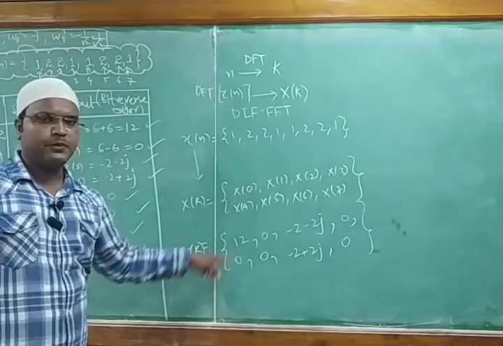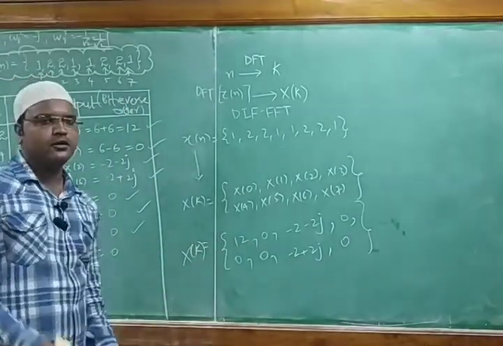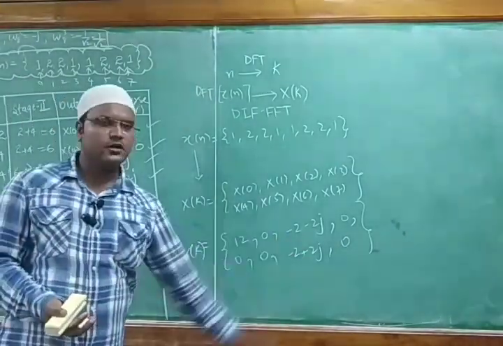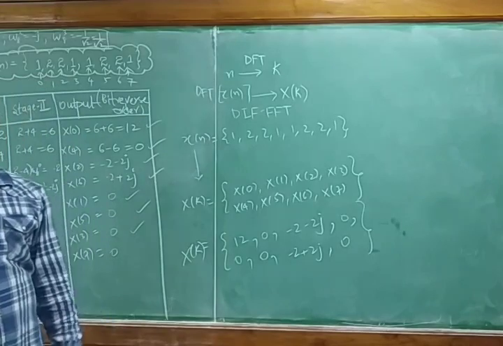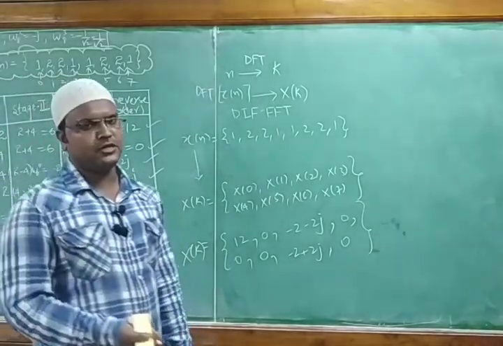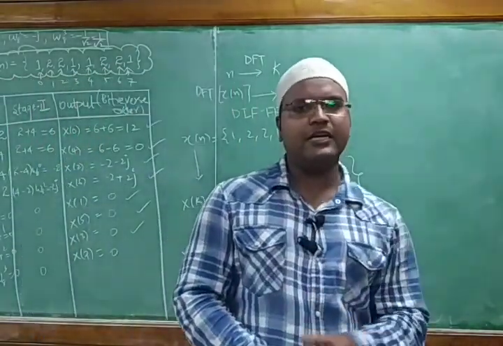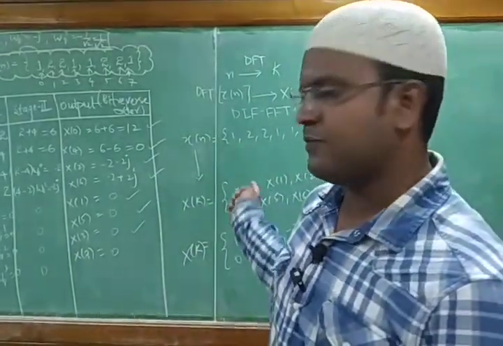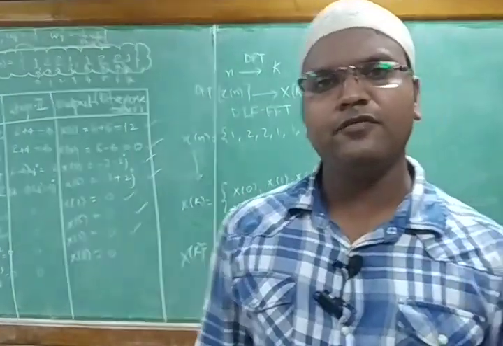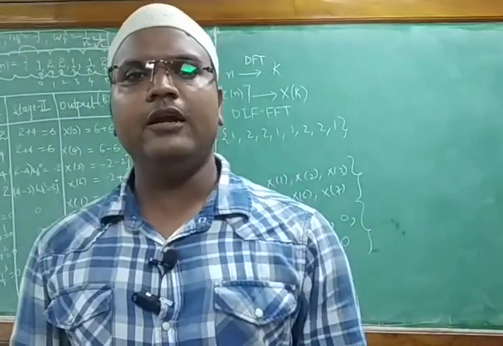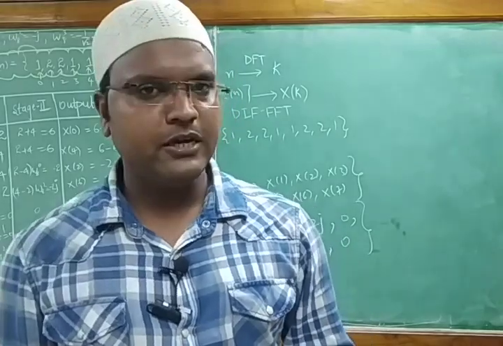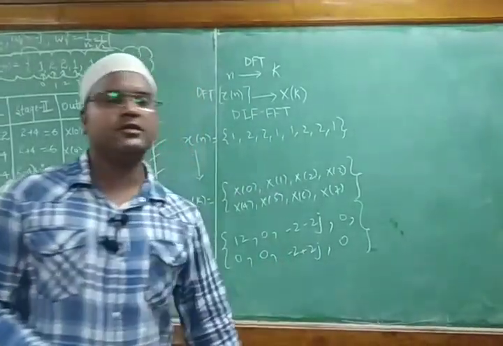We need to write it in sequence form, sequence-wise. Whatever the position values are, those position values we need to write. As per that, your answer has been obtained. So this is the question for finding the DIF FFT. They'll give different values to find out, and we can do it as per the sequence of that particular form. So this is the way you can find the sequence of DIT FFT or DIF FFT.